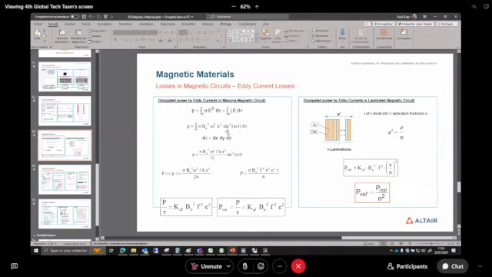But thinner lamination will have a limit, mainly a mechanical limit, because thinner lamination will be hard to manufacture and to assemble, and we are not sure that there will not be deformation due to the mechanical magnetic forces. This is one point. And with thinner lamination you will have more insulation, so the stacking factor will be bigger.